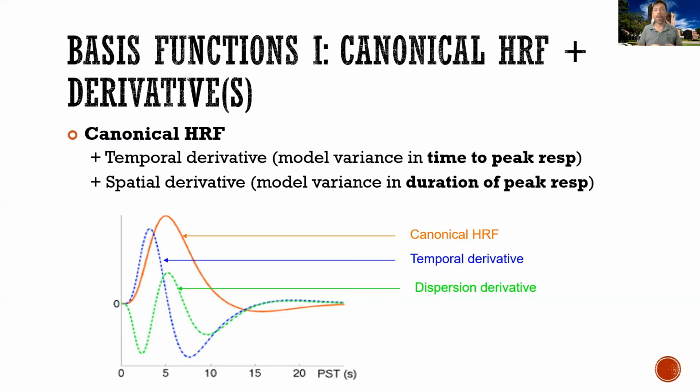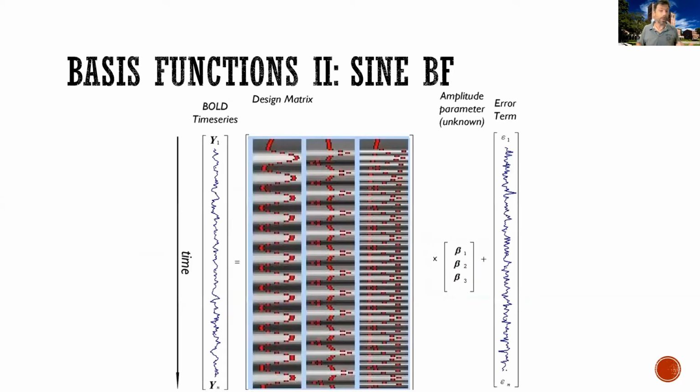However, now we have three parameters, right? So this is what it would look like. Again, our canonical, first derivative, second derivative. And as you see, now we have three parameters, which makes it harder to bring them forward at the second level and aggregate them. What does it mean if condition A and condition B differ in beta 3?